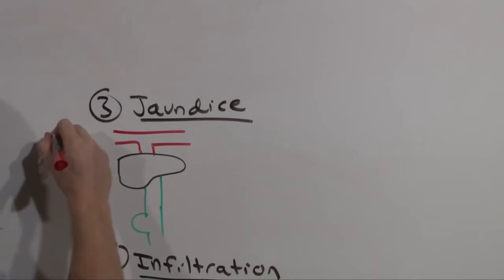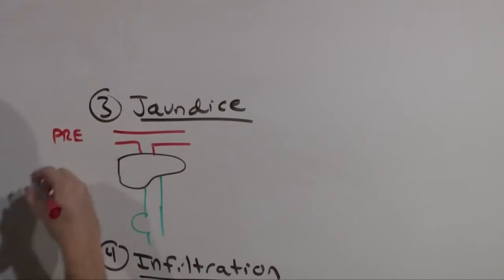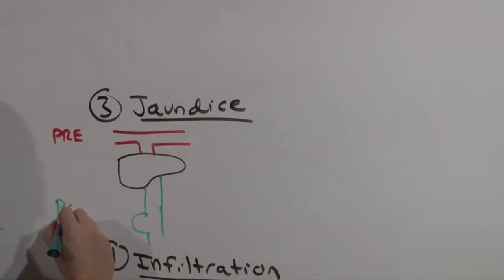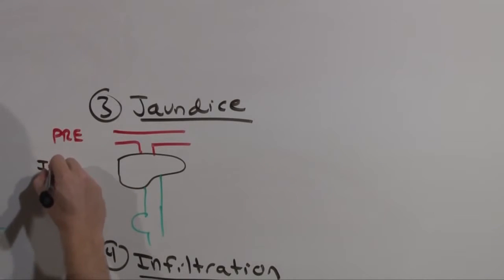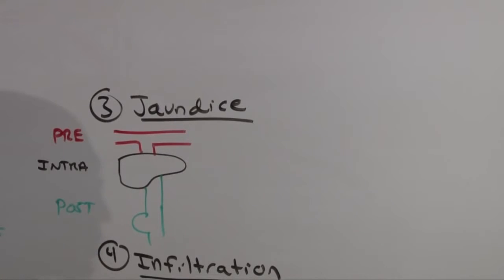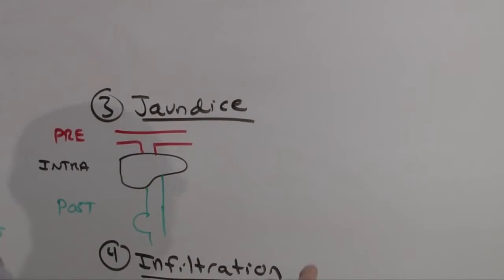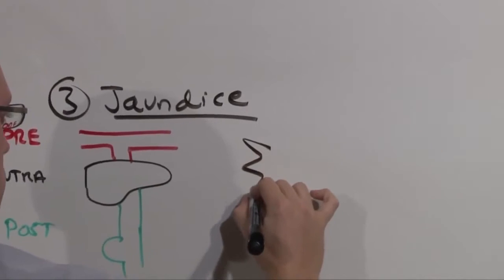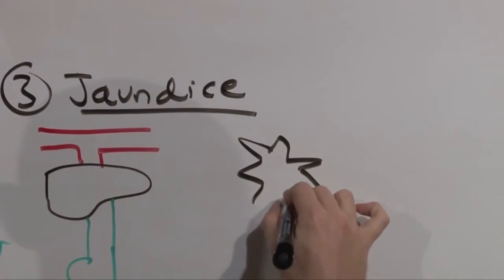And that is going to be pre-hepatic, post-hepatic, and intrahepatic. And we have a jaundice lecture in the regular series on GI that you can go and review. But briefly, the steps on which bilirubin is processed. Bilirubin makes jaundice. You are going to have hemolysis of red blood cells.